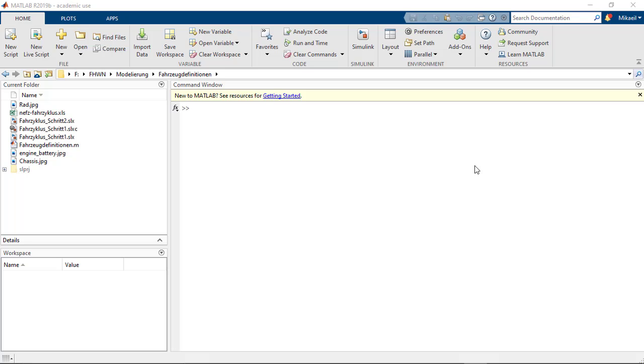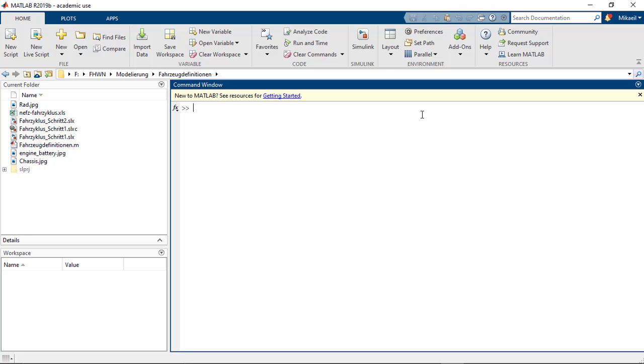For defining MIMO systems like SISO systems, we have to define first of all zeros, poles and gain. For zero, we have here braces. For h11, as you know, we don't have any zero.